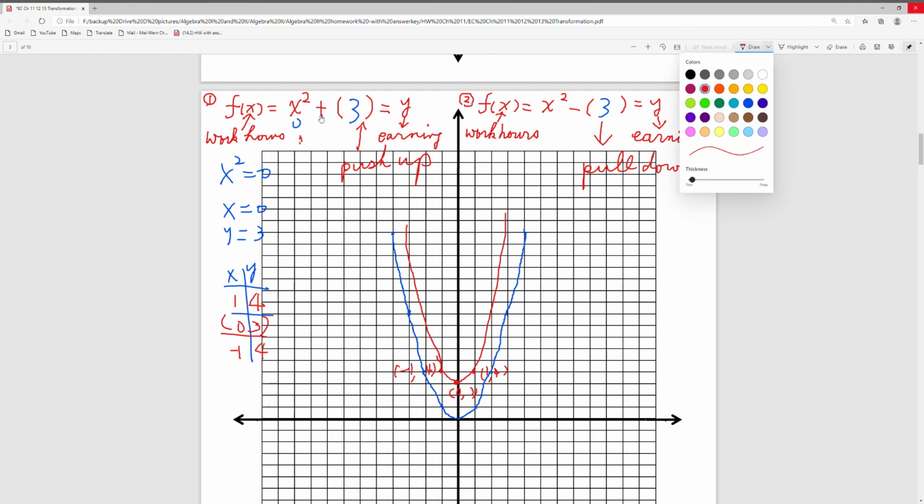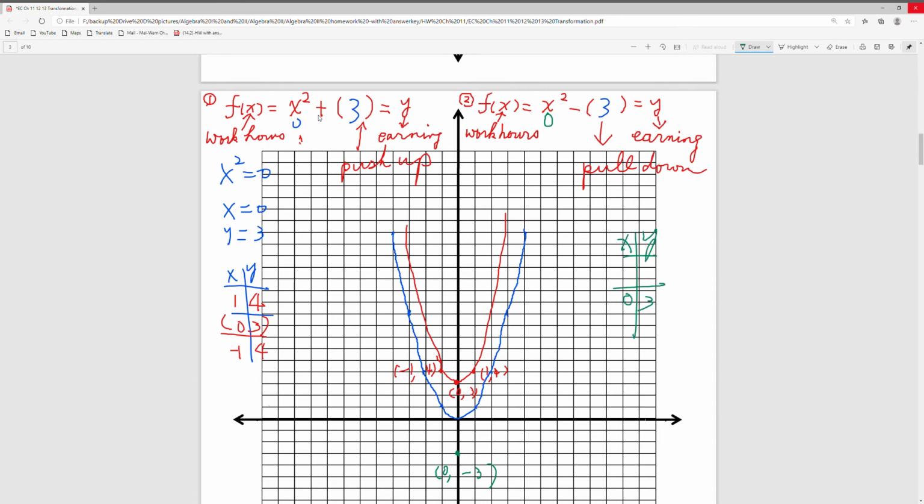Let me use green color. When the perfect square is 0, you have 0, negative 3. And we make a chart. 0, negative 3, and we have 1, negative 2, and negative 1, negative 2.